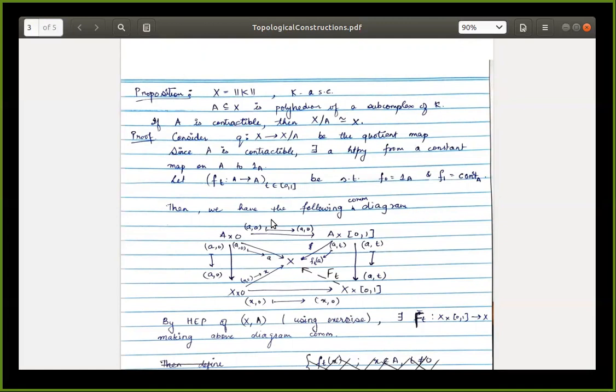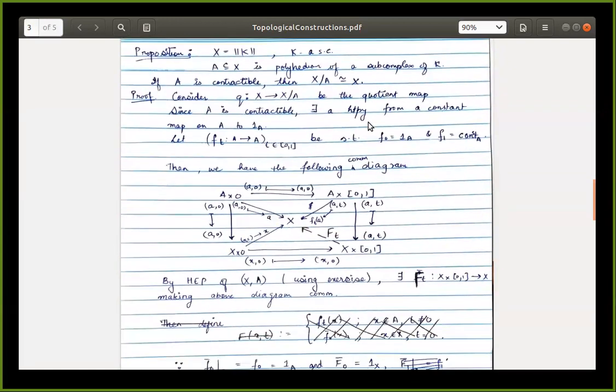What it means mathematically is that if X is a polyhedron of some simplicial complex K, A is a polyhedron of some subcomplex of K, and A is contractible, then X mod A is the same as X up to homotopy, which means you can safely get rid of A, and this does not change anything up to homotopy. This is something which is needed very frequently in topology, and we'll see in some time.